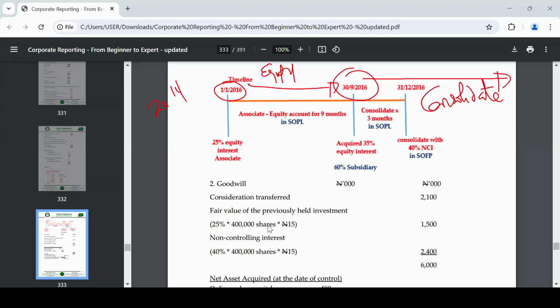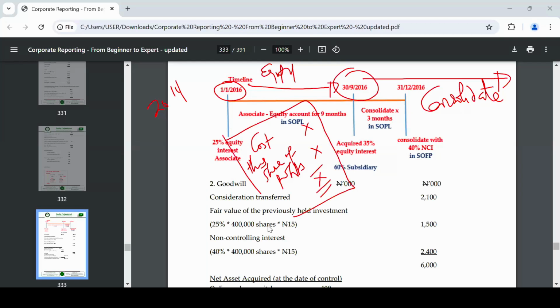And what that really means is that we only just take a share in the subsidiary. And whenever we want to account for our investment, we will say the carrying amount of our investment will be the cost plus our share of the profits of the subsidiary. So when I want to account for the carrying amount of the previously held equities, this is what I'm going to do.